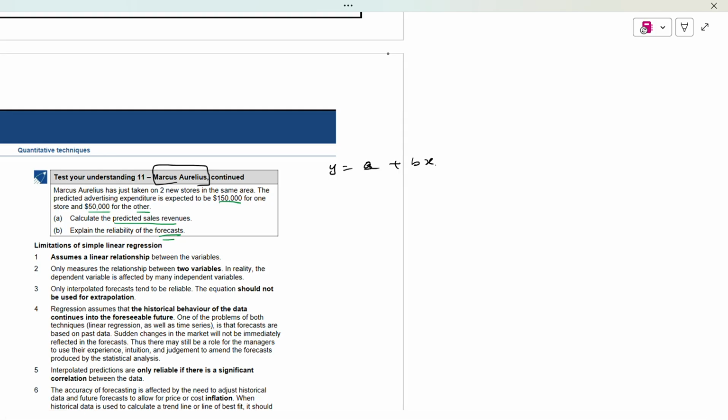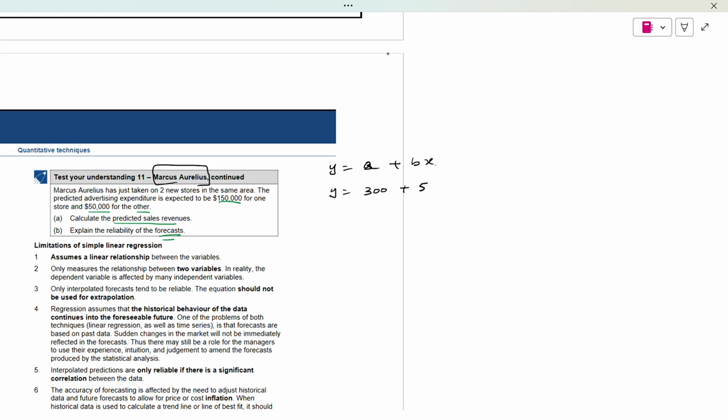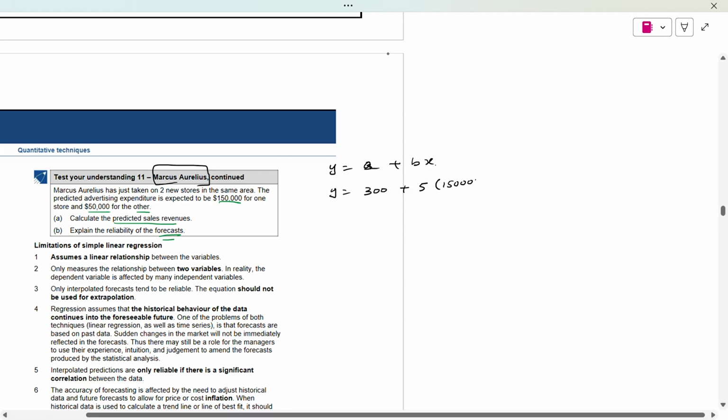What is a? 300, already given. Now what is b? 5. What is the variable cost? The variable cost is 150,000. Are you clear about this?